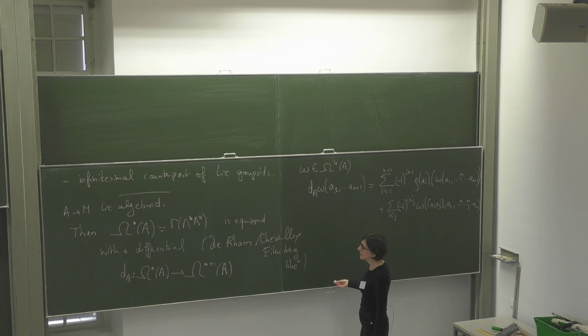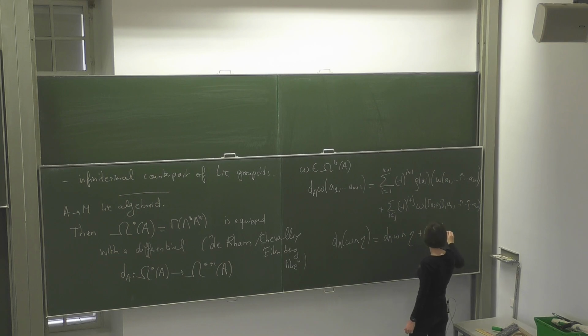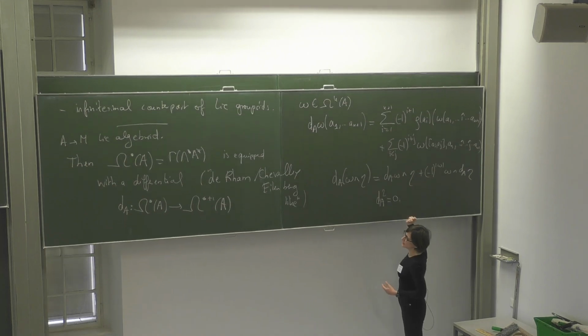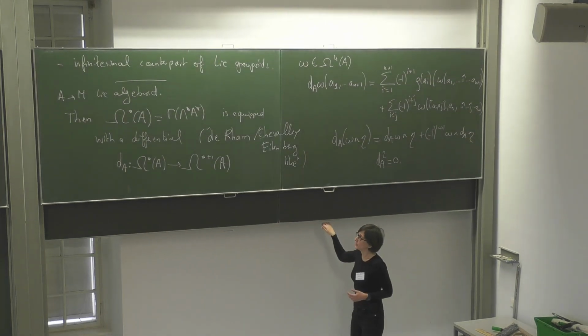What's important about it is that it satisfies the Leibniz formula, d_A of omega wedge eta equals d_A omega wedge eta plus minus 1 to the degree of omega times omega wedge d_A eta. And most importantly, d_A squared equals 0, like in the two corner cases. So we get the Lie algebroid cohomology.